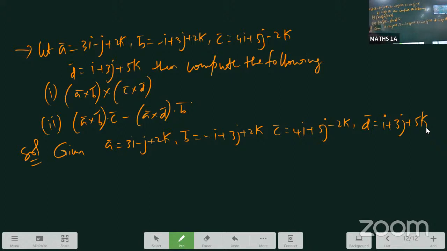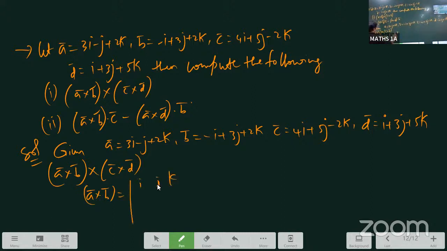First, I am going to do A bar cross B bar cross C cross D. It means first you take A bar cross B bar separately. That is the determinant of i, j, k; 3, minus 1, 2 and minus 1, 3, 2. That is equal to i into the same determinant, same sums which we did previously also.